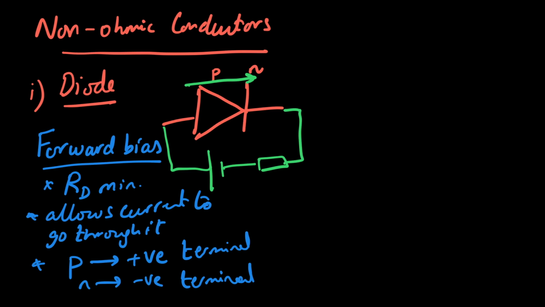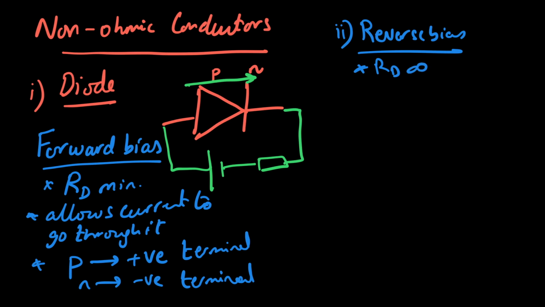Now, the second state is the reverse bias state. When you talk of the reverse bias state, the first thing is that the resistance of the diode will be infinite when it's in reverse bias. If the resistance is infinite, it means it will not allow current to go through.